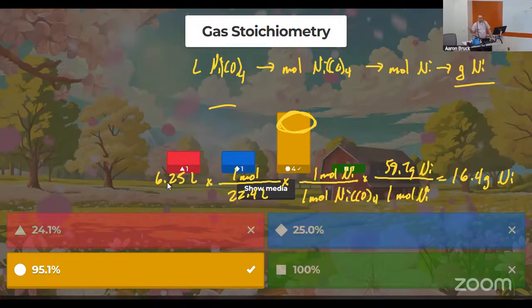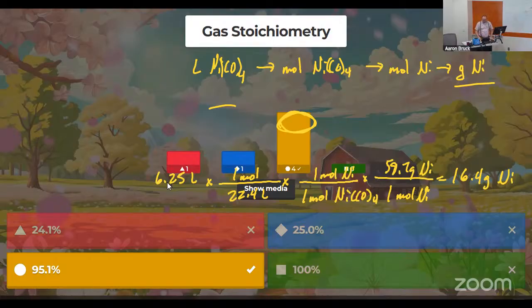You can't call something impure and then calculate it to be completely pure. That's blatantly false. So my first inclination would have been to be drawn toward the yellow one anyway, just on the idea that, okay, if it's a nickel sample that has at least some purity, that one would make the most sense.